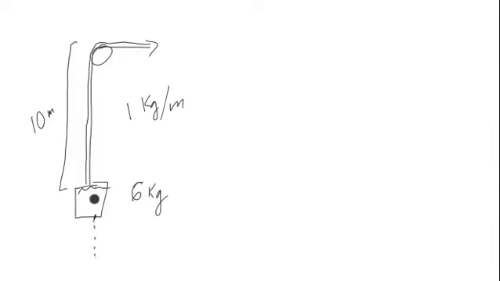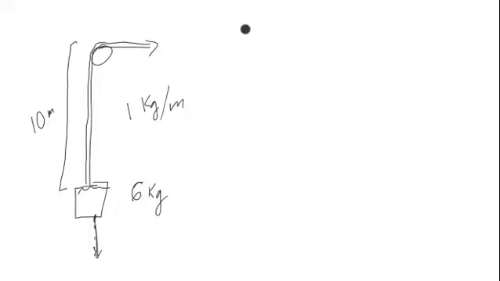So it's leaking out fairly fast. Within 10 meters, it's going to be all out. Now, it doesn't matter how fast we're going to be moving this up. The amount of work that will be done will be the same. So really, all that matters is the distance traveled and the force.